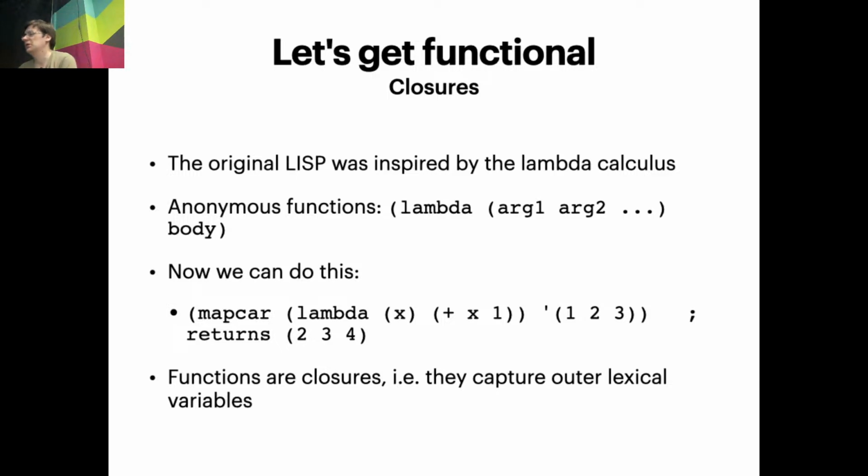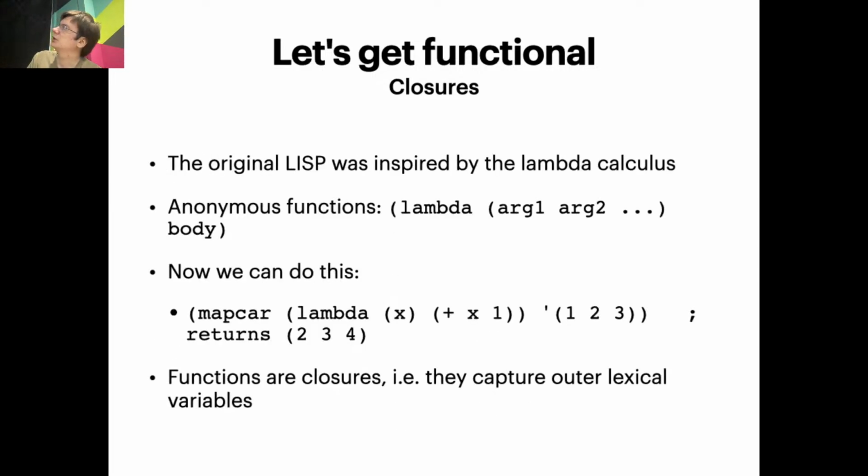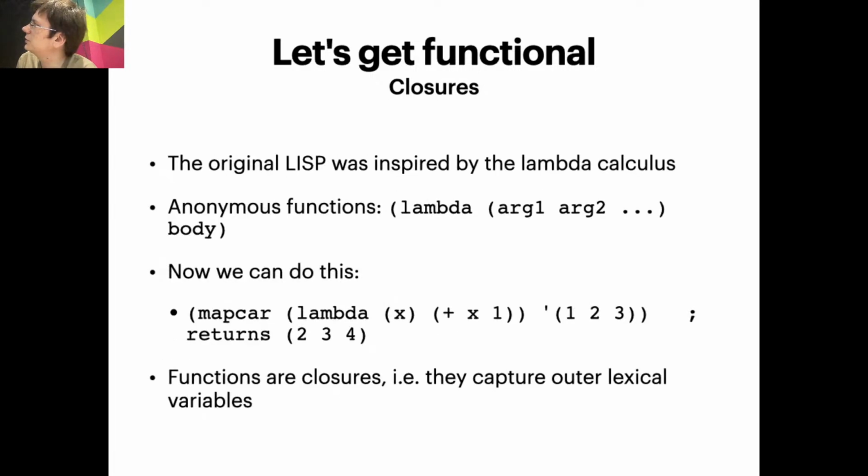Previously we supplied the function to mapcar by its name, but in this case, instead of the name, we specify it in place. So we have the same thing, but we are just defining the function that increments the value, and we apply it to this list, and we get this incremented list as well.